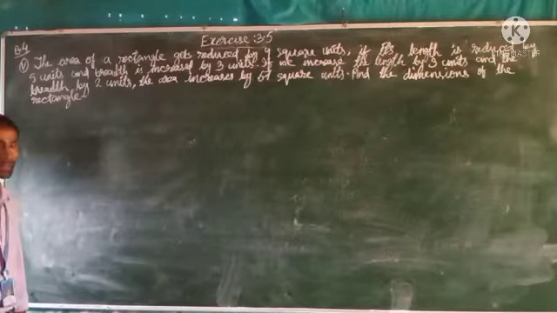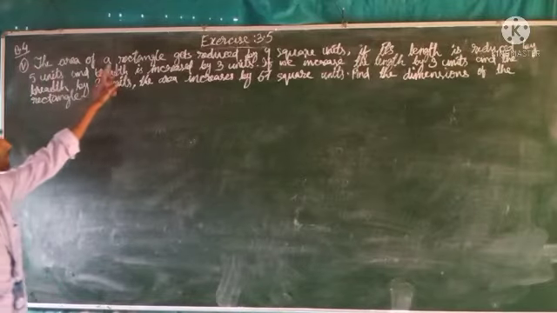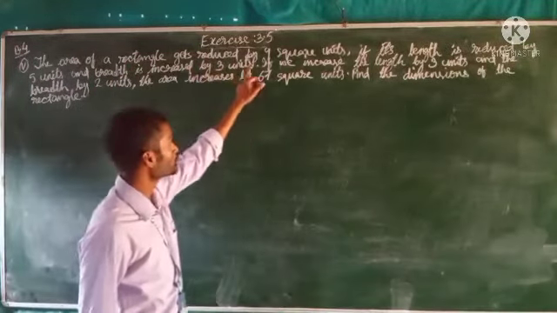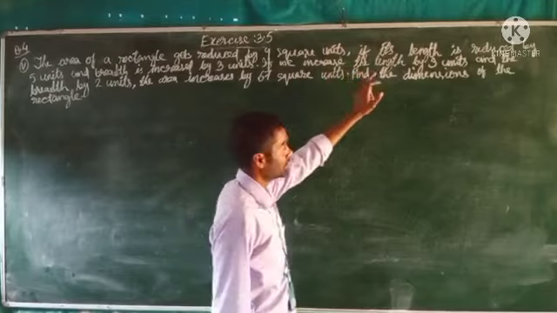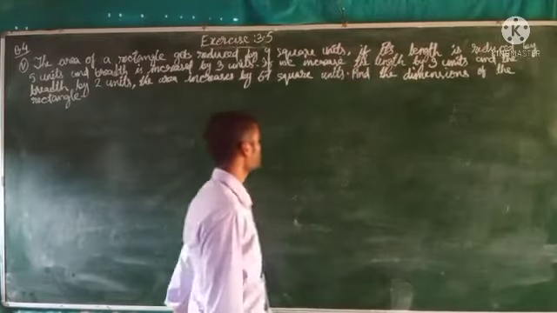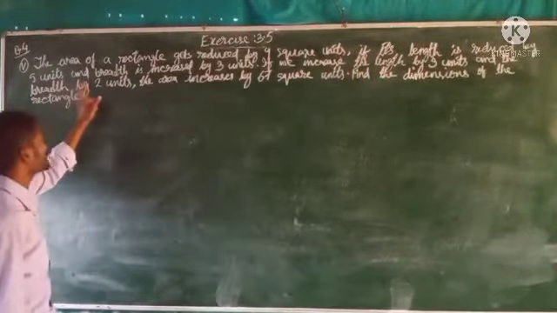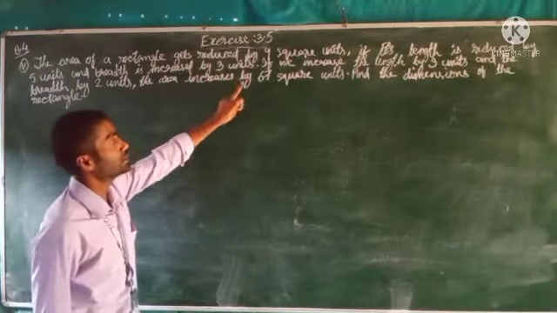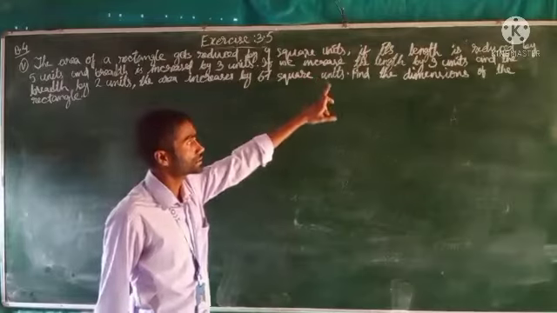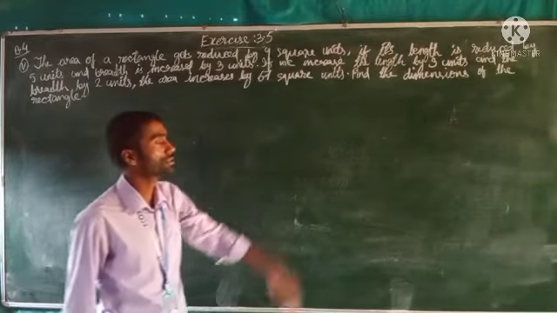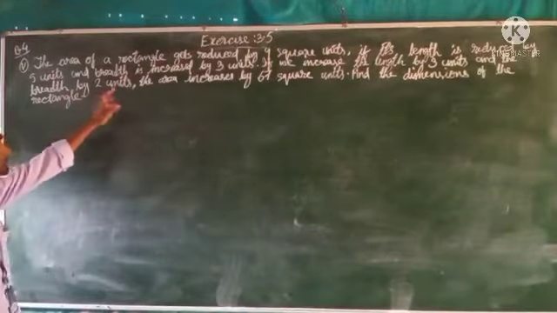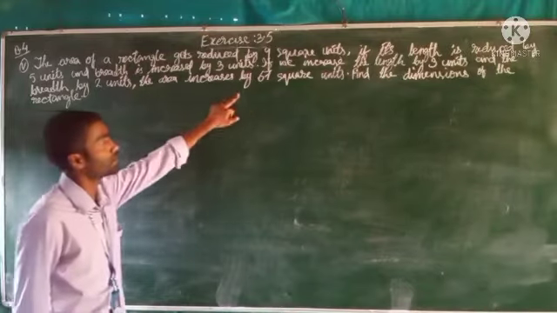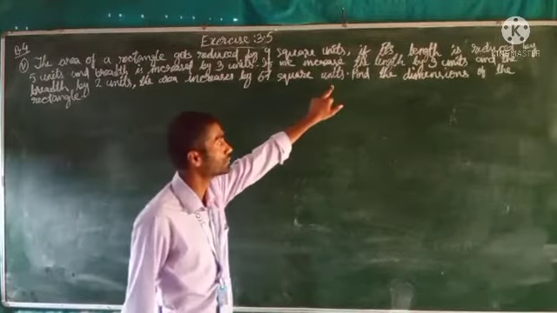Now question number 5. The area of a rectangle gets reduced by 9 square units if its length is reduced by 5 units and breadth is increased by 3 units. If we increase the length by 3 units and the breadth by 2 units, the area increases by 67 square unit.